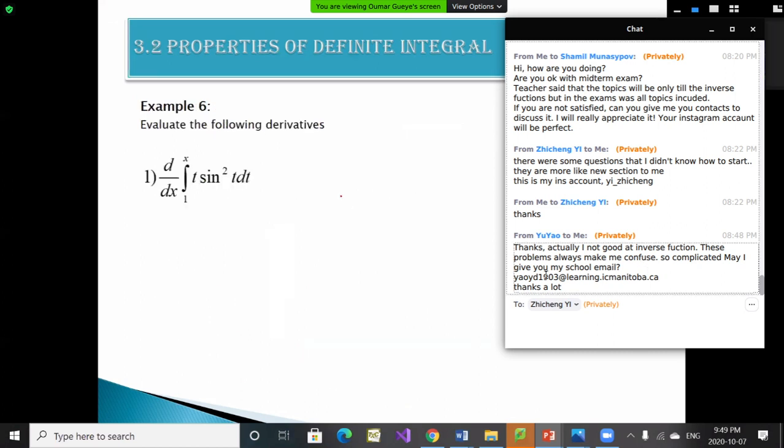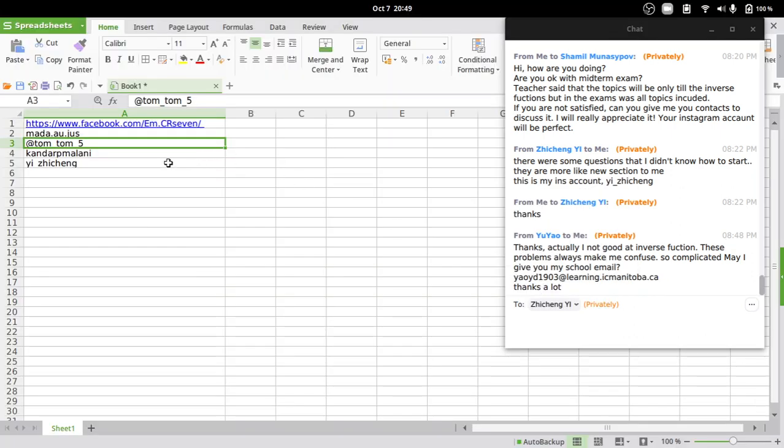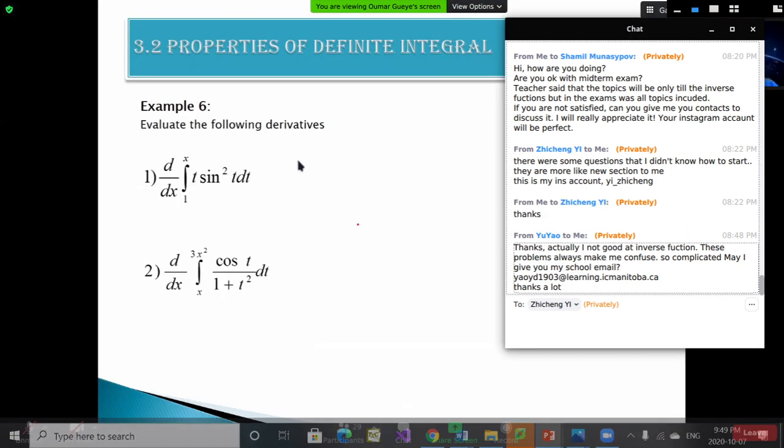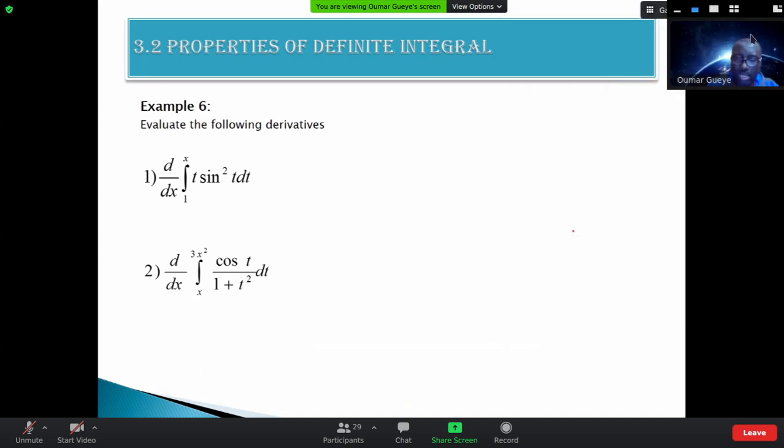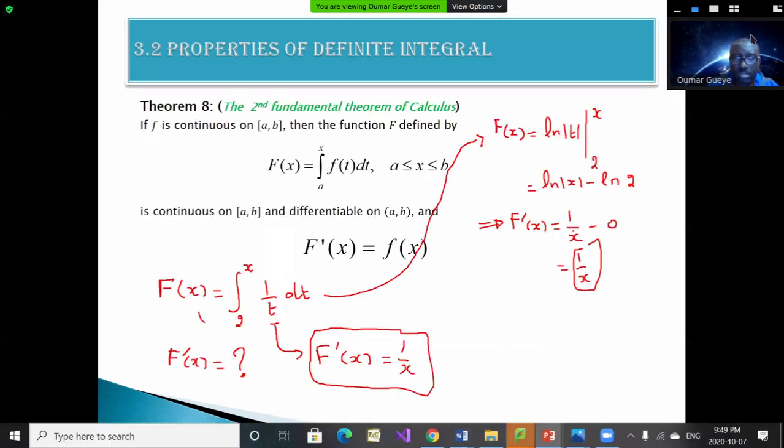Yes. Yeah, so you have it here. The second example. For the second one, I mean the solution. Sir. Yeah, so I'm going to, so we'll see it after.